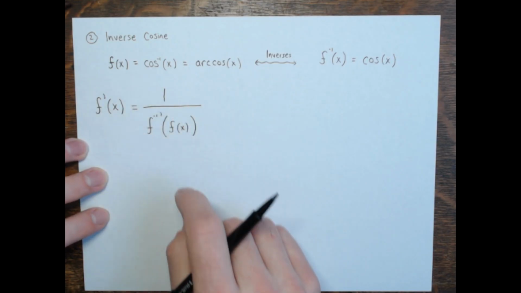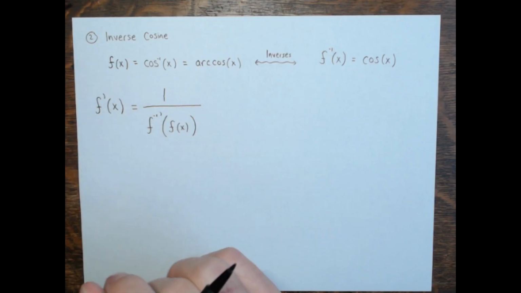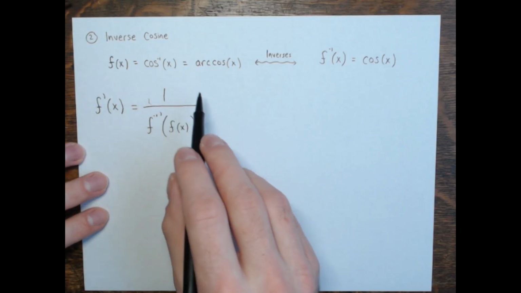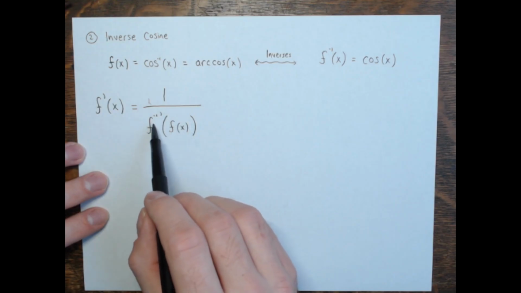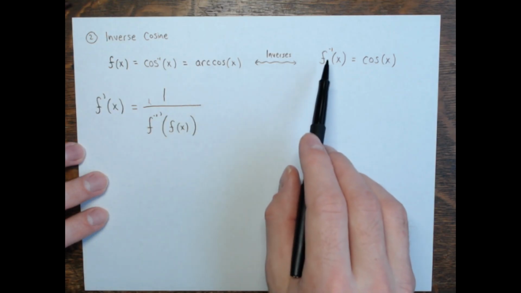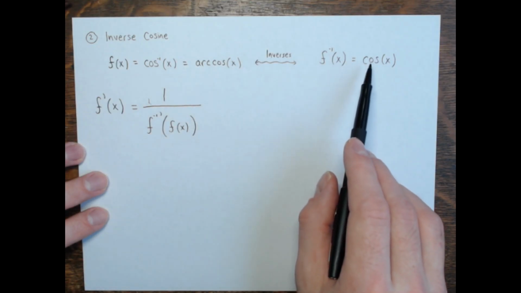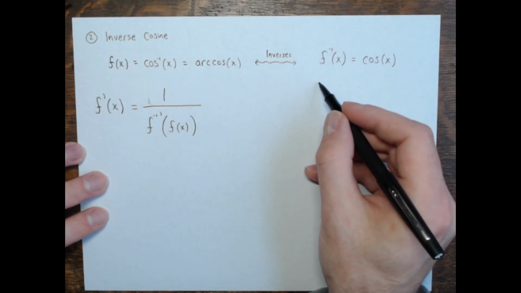So I'm probably not going to write this out every time, but at least a few times here. So to calculate this expression on the right side, I need the derivative of the inverse. Now again, the inverse of my function is plain old cosine.